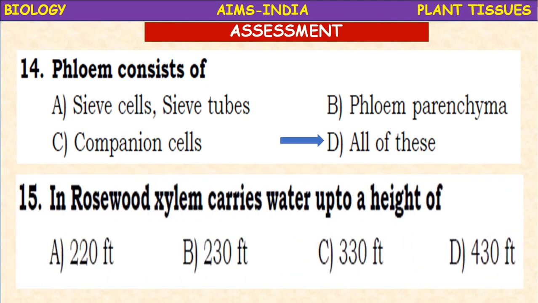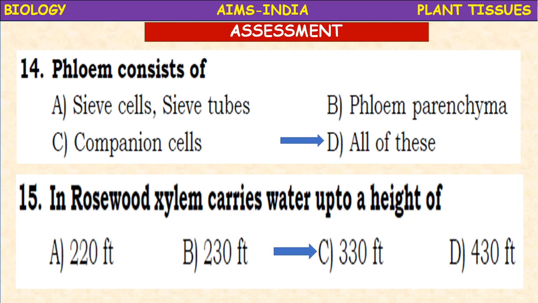In rosewood, xylem carries water up to a height of, in eucalyptus up to 230 feet, in rosewood up to 330 feet height. How is it possible? Xylem is present in the roots. The height, the tip of the stem, 330 feet height.